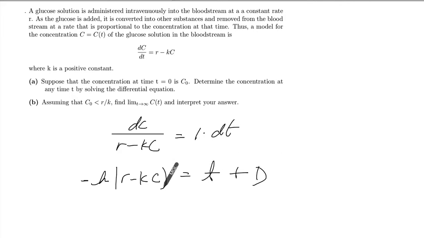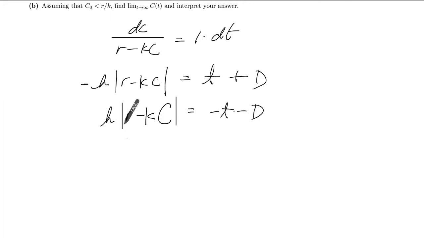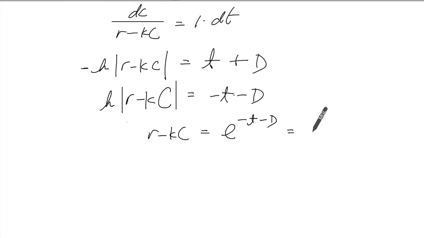Let's call it D, because we already used the letter C here. So then ln of r minus kC is equal to minus t minus D. Okay, before we plug in the initial value, let's convert it to exponential form. So you get e to the power of minus t minus D, which is the same as e to the power of minus t over e to the power of D, right?